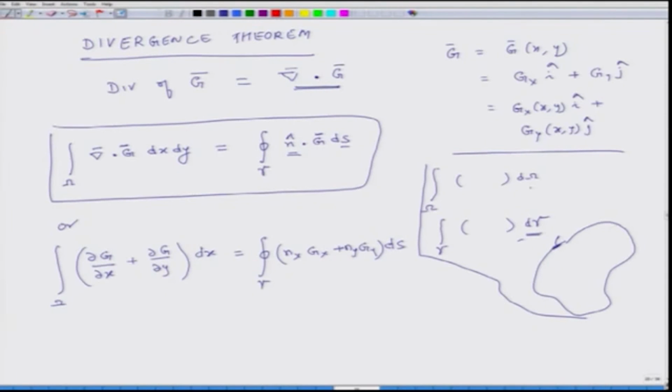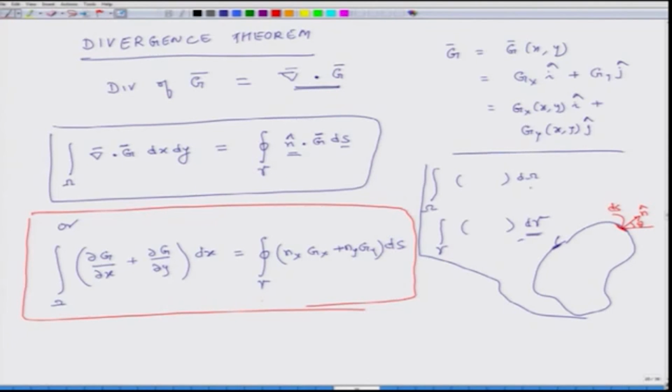So, again my ds is a small line element here, this is my normal, this is my theta. So, these are the two forms for the divergence theorem, and then we had also seen the gradient theorem.